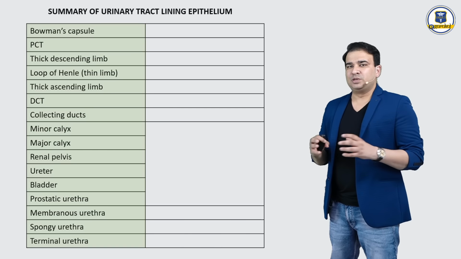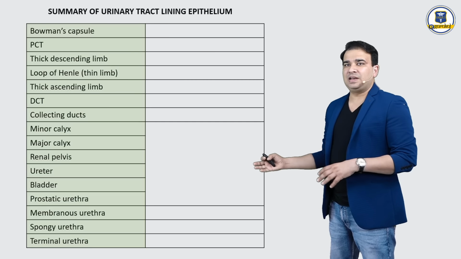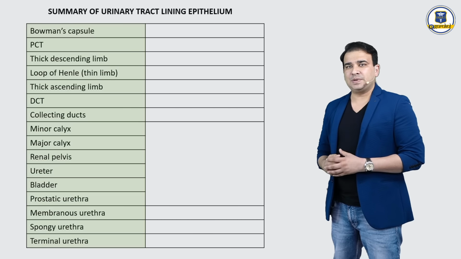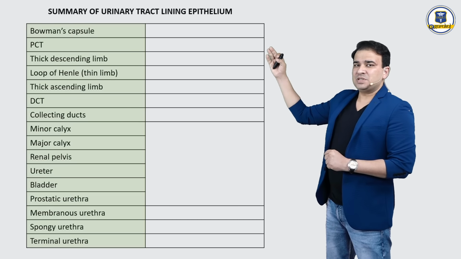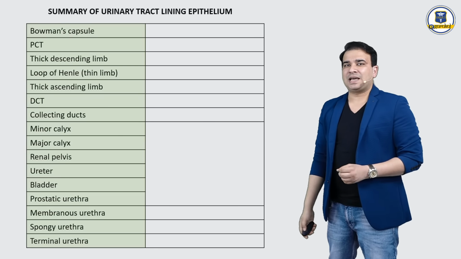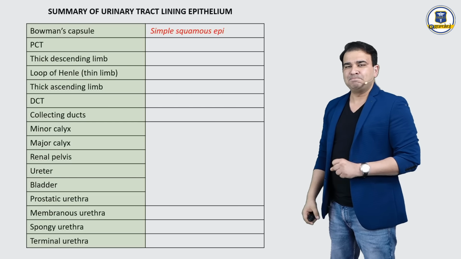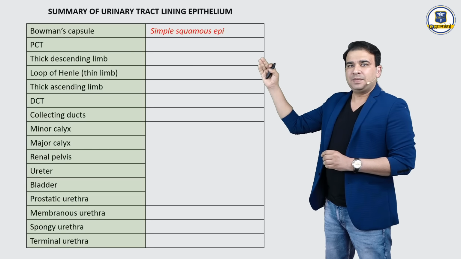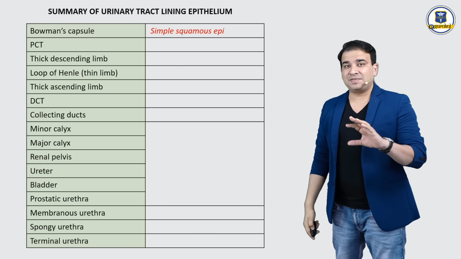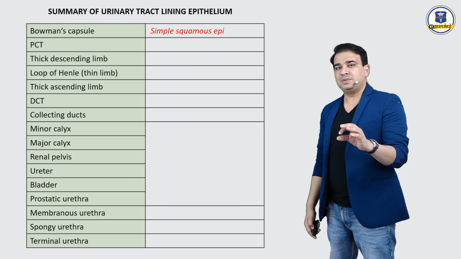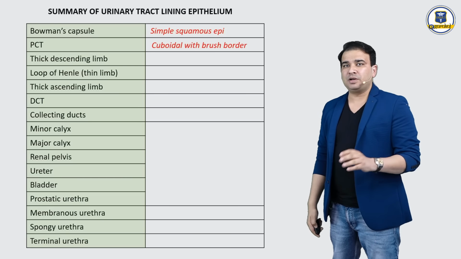And finally, let's conclude this part by looking at the summary of the lining epithelium of the urinary tract as well. Starting again with the Bowman's capsule, we said the parietal layer has simple squamous epithelium. Then we have the PCT and the thick descending limb, which have simple cuboidal epithelium with a brush border.